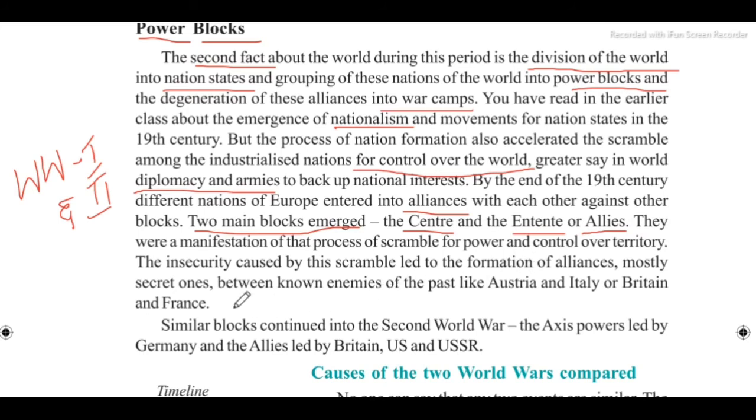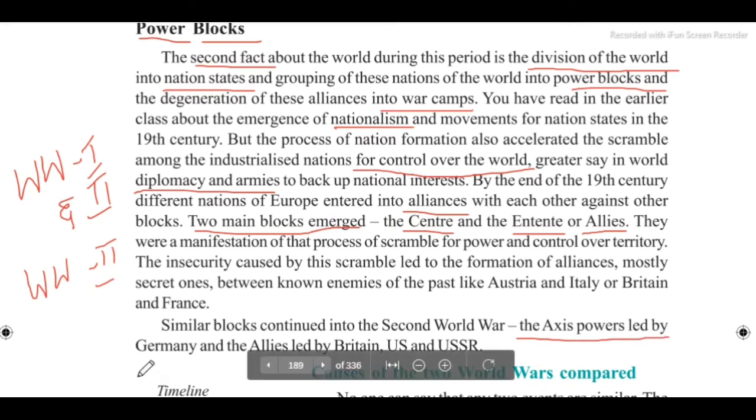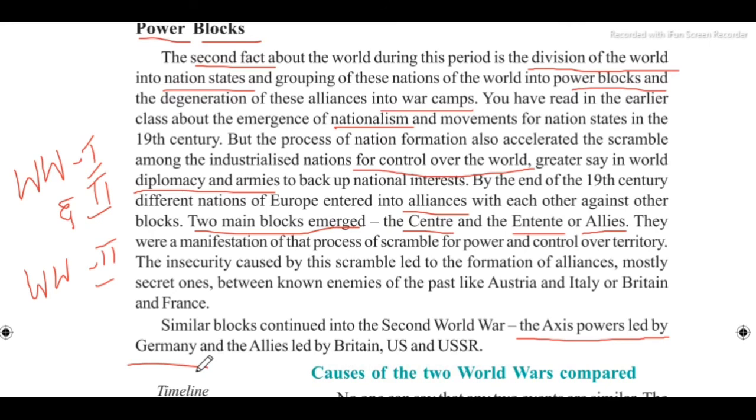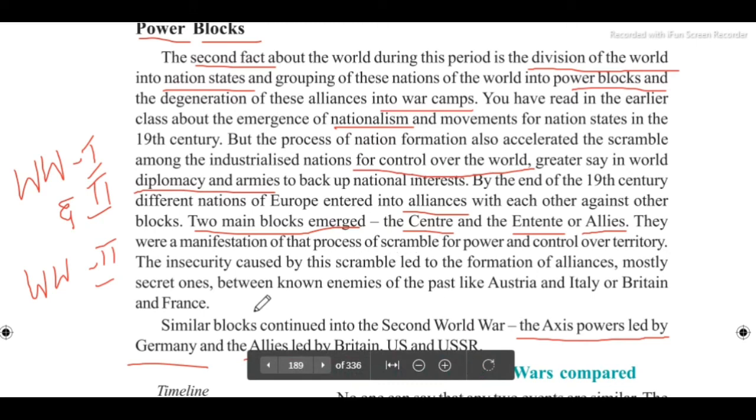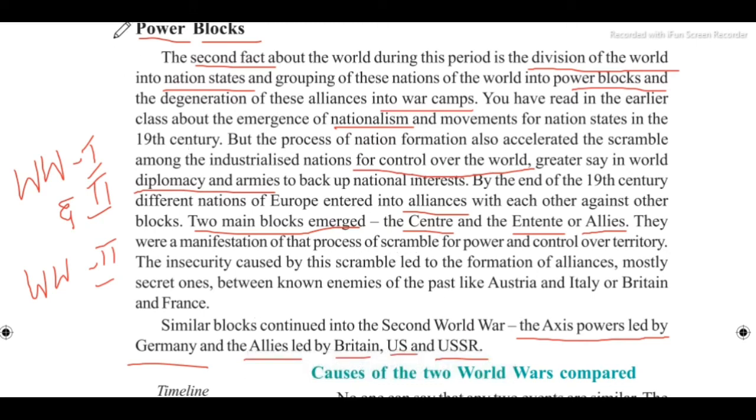And this continued even in the Second World War. In the Second World War, we have the Axis powers led by Germany, Italy and Japan, whereas the Allies were led by Britain, USA and USSR. So these are the important points in the power blocs.